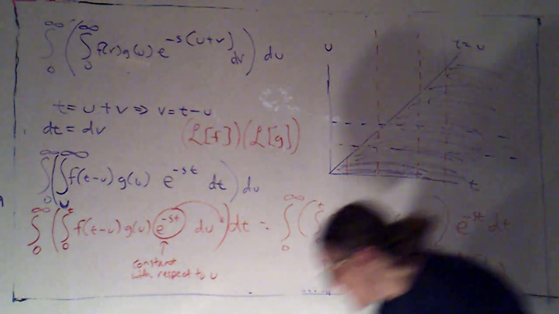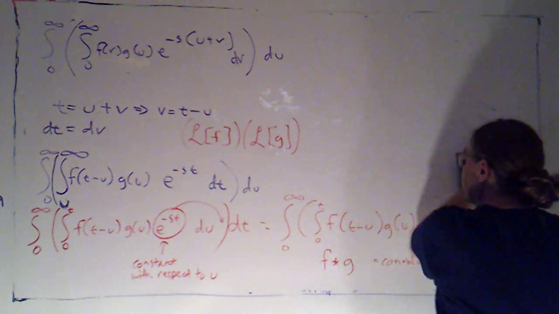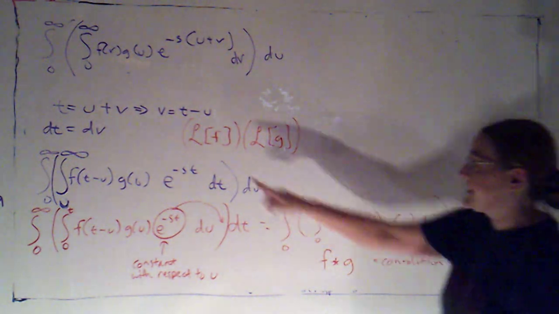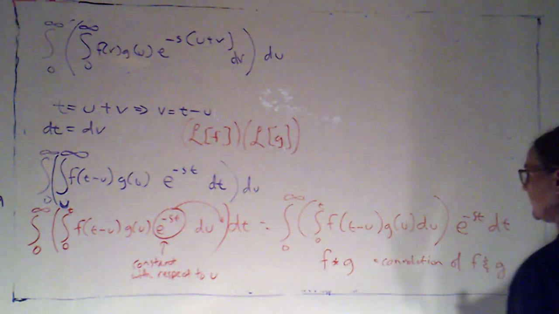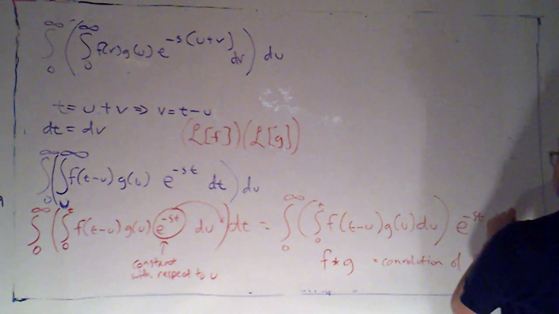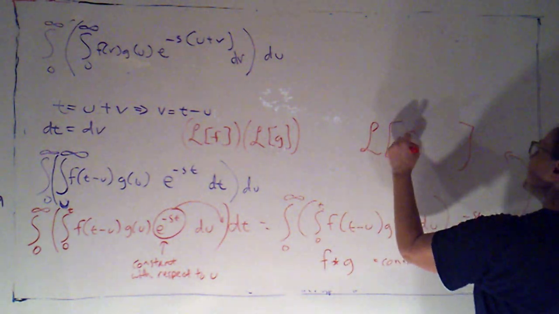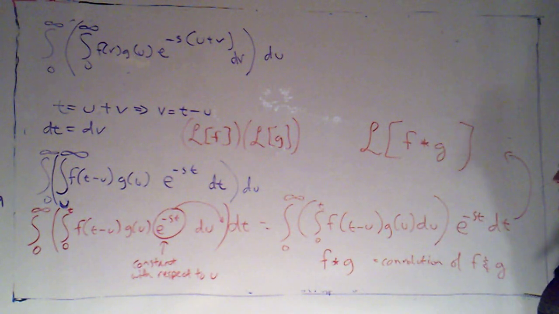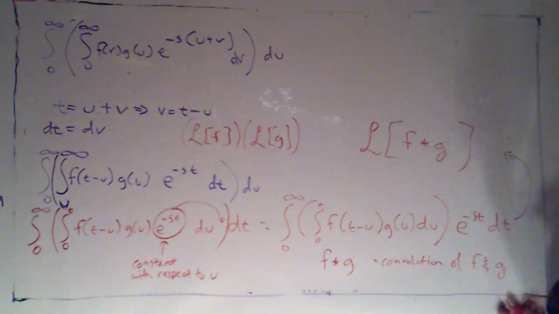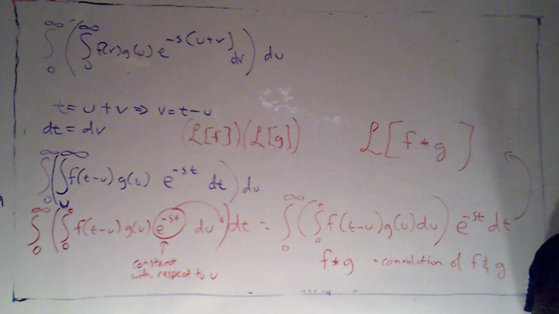And so we are able to say now that this product of these two Laplace transforms, which is what we started with, which gave us this crazy double integral, I can now view as just the Laplace transform of the convolution f star g. Which means if I then take the inverse Laplace transform, I'm going to get that convolution.